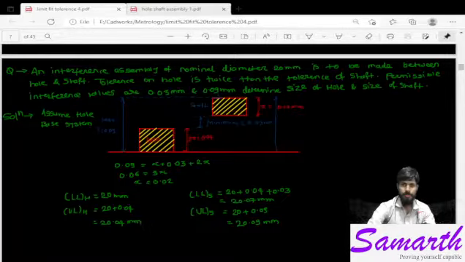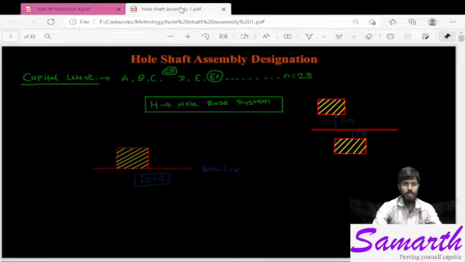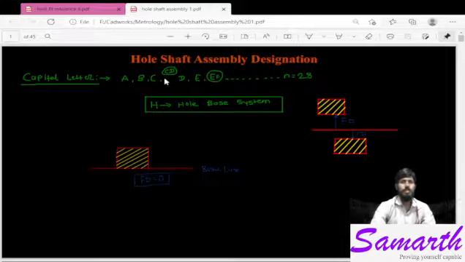Moving forward, we will now discuss the hole and shaft assembly, different cases for that, and how the designation is done. This is the hole and shaft assembly designation.